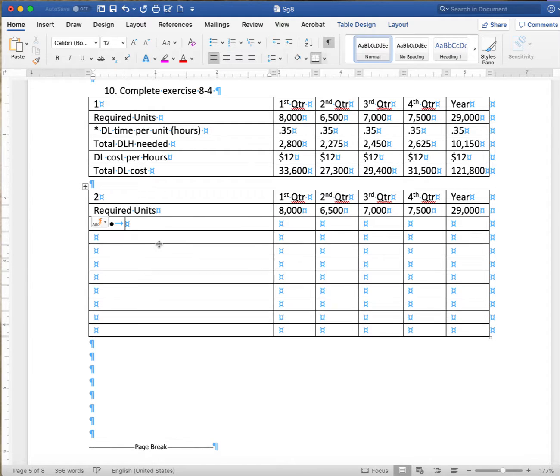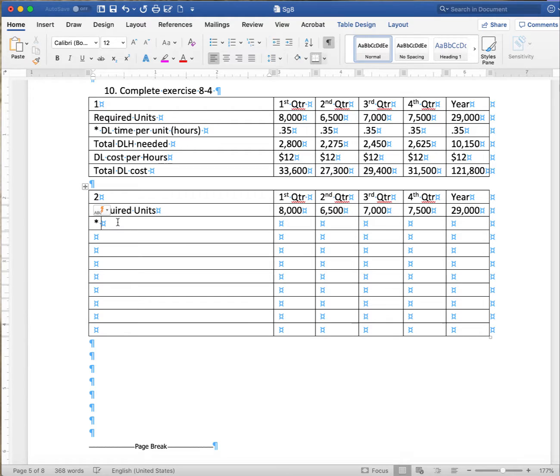We still have to multiply it by the direct labor time per hour, and that's still 0.35, didn't change. Still takes them the same amount of time to make a product.